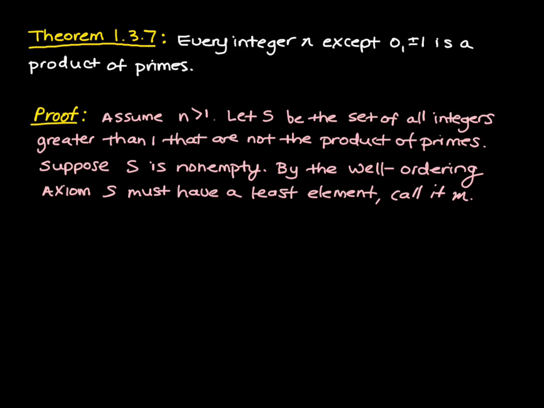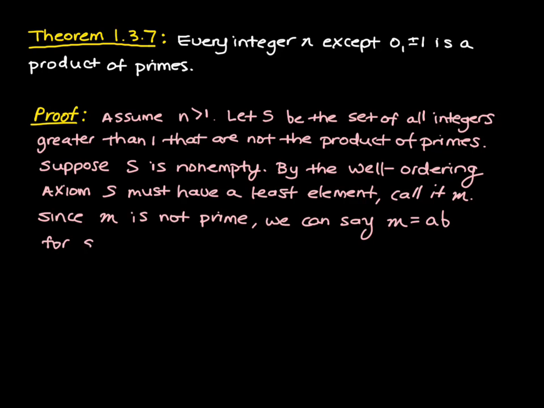Well, we know that M is not the product of primes, so in particular, it can't be prime itself. So since M is not prime, it must have some positive divisors. So we can say M equals A times B for some positive integers A and B.